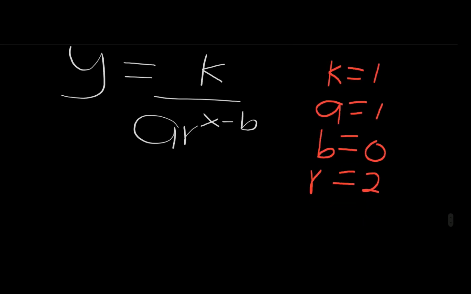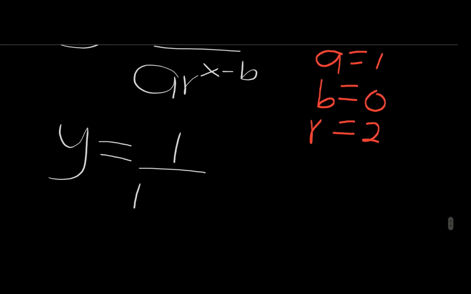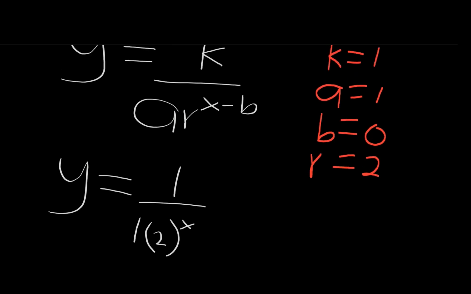So y will be equal to k. What is k? k is 1. So we have k, which is 1, over a. What is a? a is also 1. So I have 1 multiplying r, and my r is what? 2. So I now have 2 exponent x minus b.